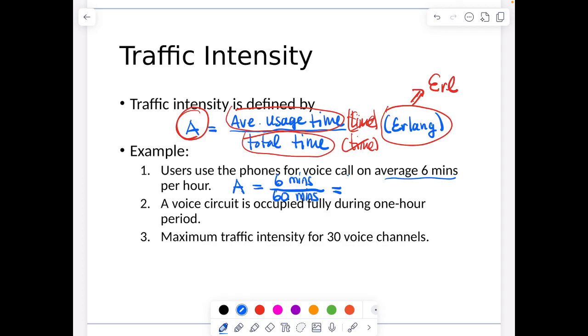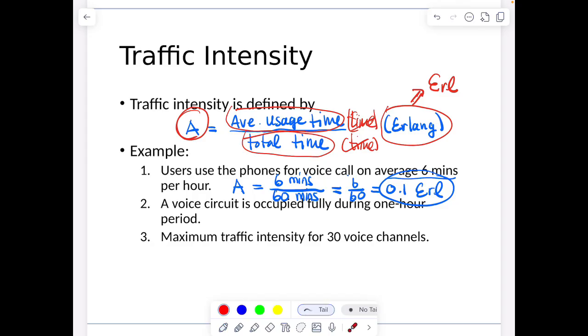So it's 6 divided by 60, or 0.1, and the unit is Erlang. This channel or circuit will have a traffic intensity of 0.1 Erlang, on average.